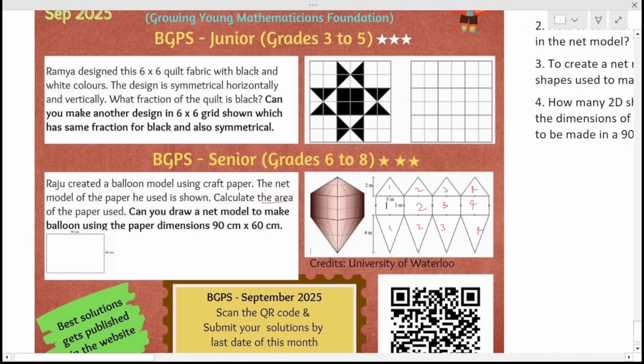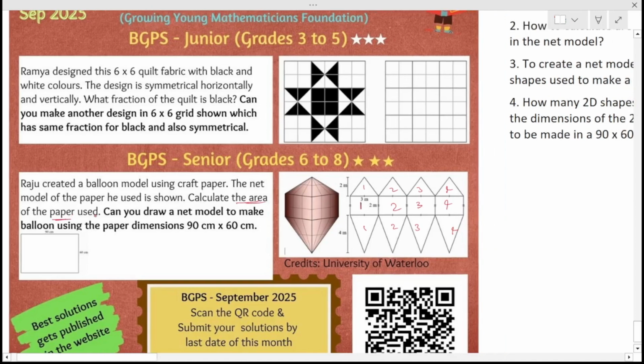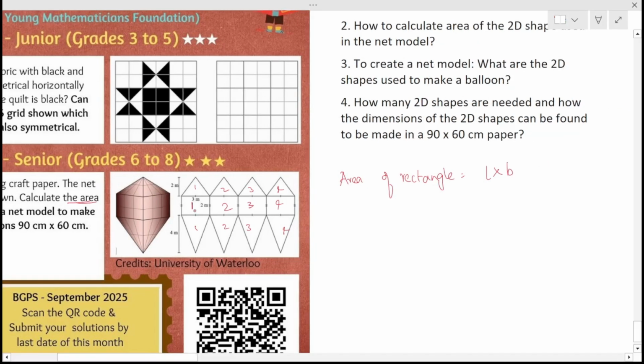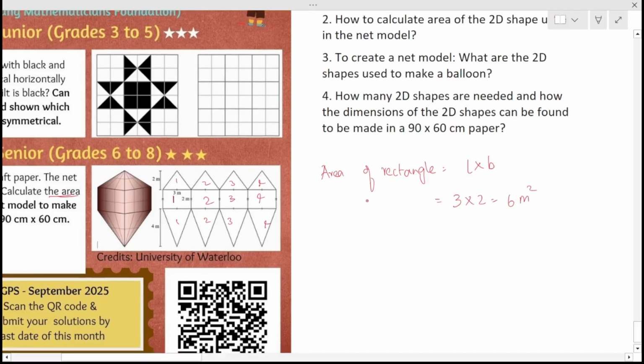The question asks us to calculate the area of the paper used. We can first mark the shapes, that's the plan, and then find the area. The area of a rectangle is length times breadth. Here it is 3 meters cross 2 meters, so 3 times 2 is 6 square meters for one rectangle.